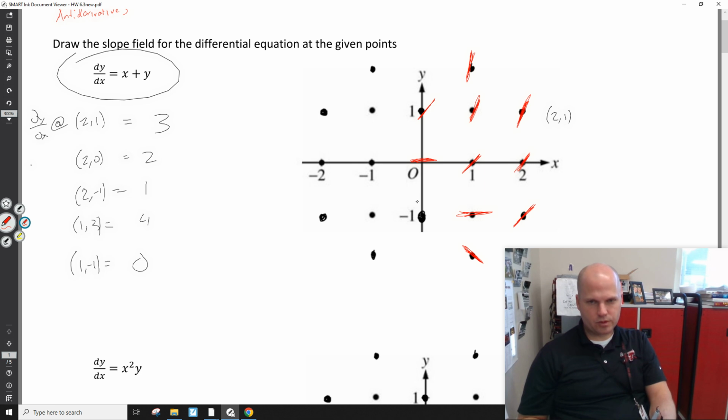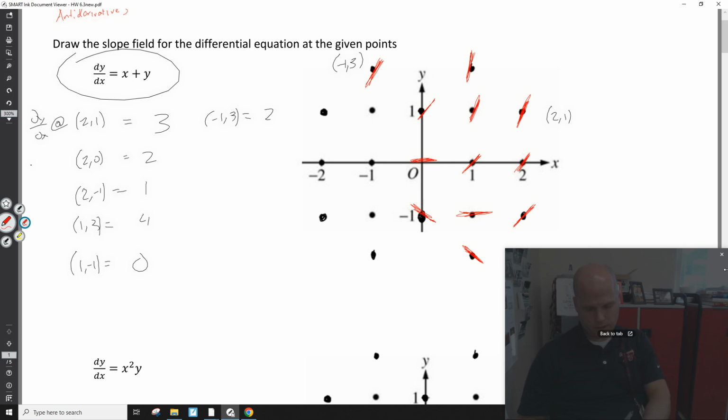I don't have the point there, but assume it's there. 0, -1, -1. Let's do this point, -1, 3. 2. -1, 1. Sorry, that's negative 1, 2.